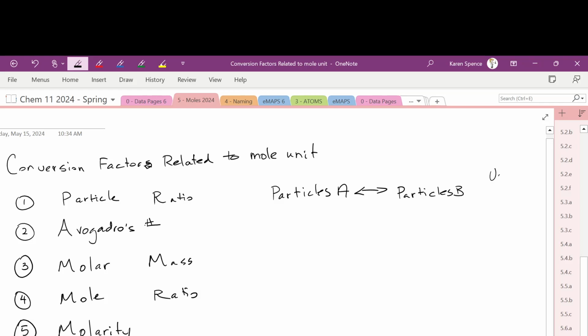You use the formula and you count. So for all the rest of them, write down what they convert between. What units are they converting between?